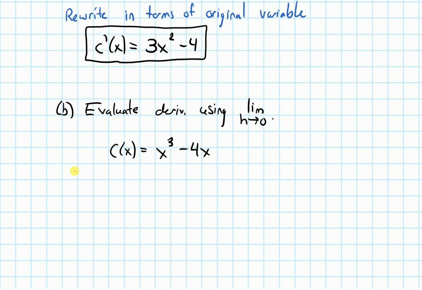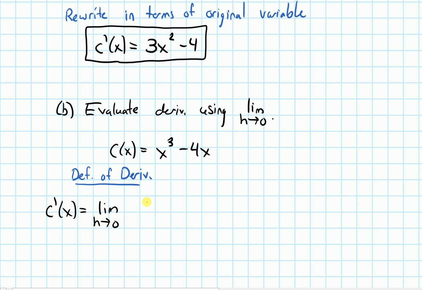Okay, so if we use that definition of the derivative, we get c prime of x equals the limit as h approaches 0 of c of x plus h minus c of x all over h. That was our definition.